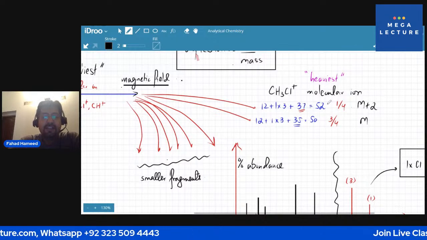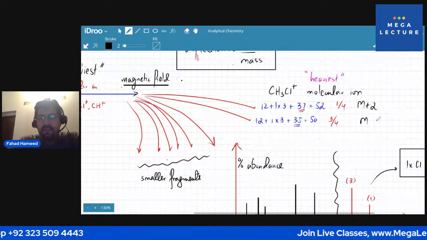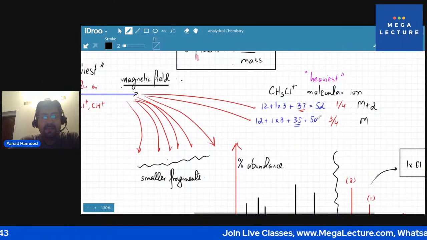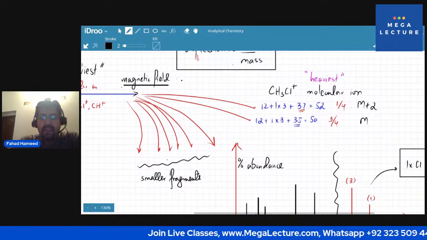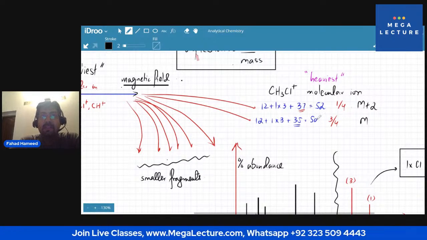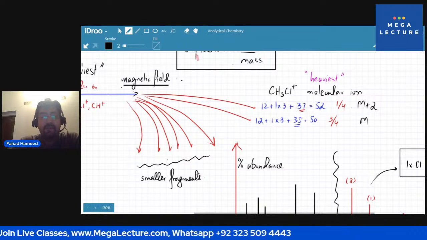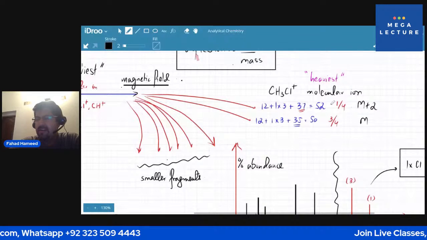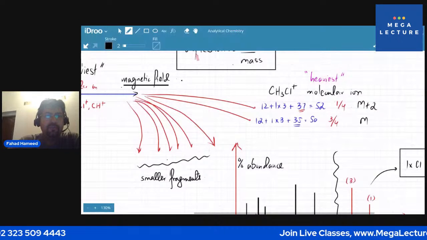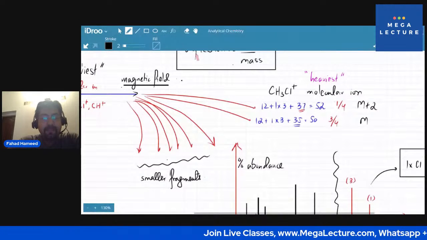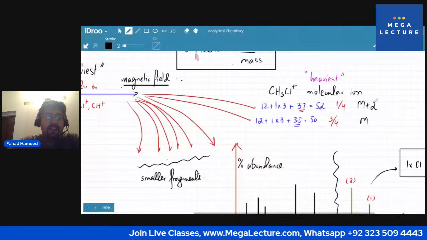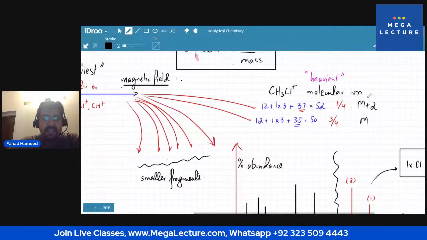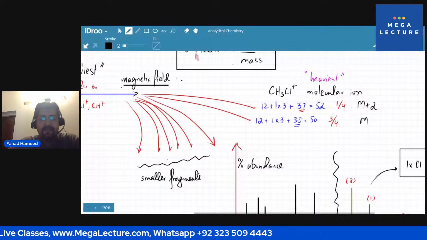This is a notation that is often used: the lighter molecular ion will be called M, and the heavier one would then be called M plus 2. If the mass had increased by 4, you would call it M plus 4. So that's a notation that is often used.